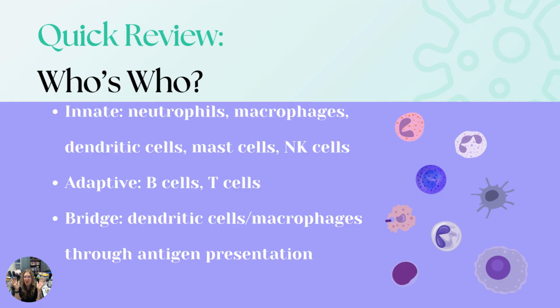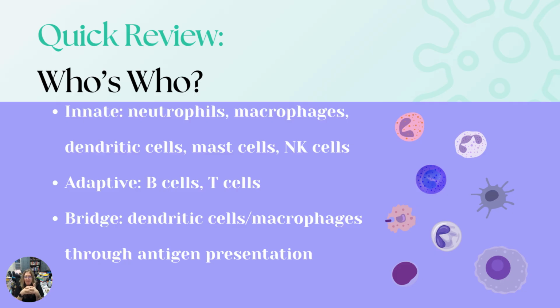So here's our quick sorting exercise. On the innate side, we've got neutrophils, macrophages, dendritic cells, mast cells, and natural killer cells. And then on the adaptive side, our big players are our B cells and T cells. But I want you to also look at that third category, that bridge.